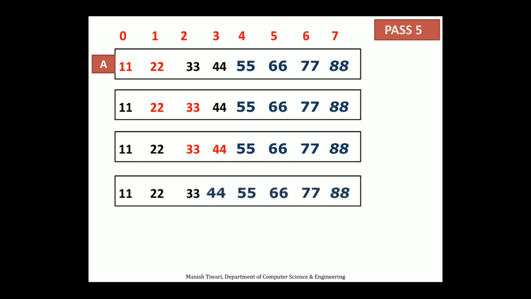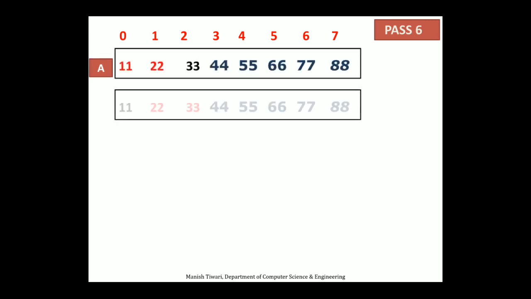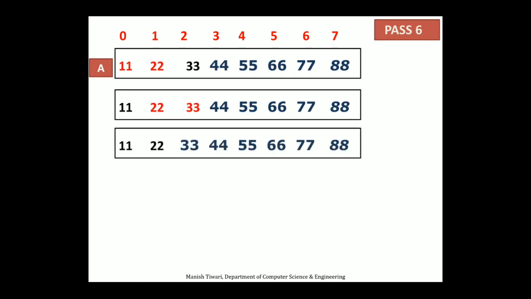So now you can see that 44, which is the fifth largest element, is now at its correct position. Then in the next pass we will compare these three elements, and the same process will be done.